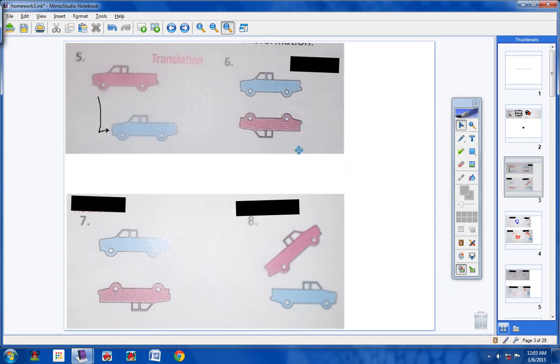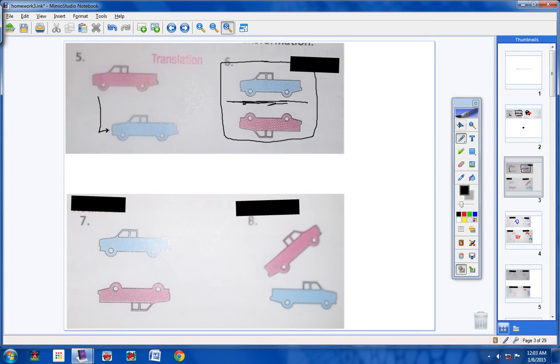Alright, number 6. Now, on number 6 here, if I were to draw a line right here and pretend I had these two images on a sheet of paper, if I were to fold the piece of paper right here, this image would fall directly on top of this image here, would it not?